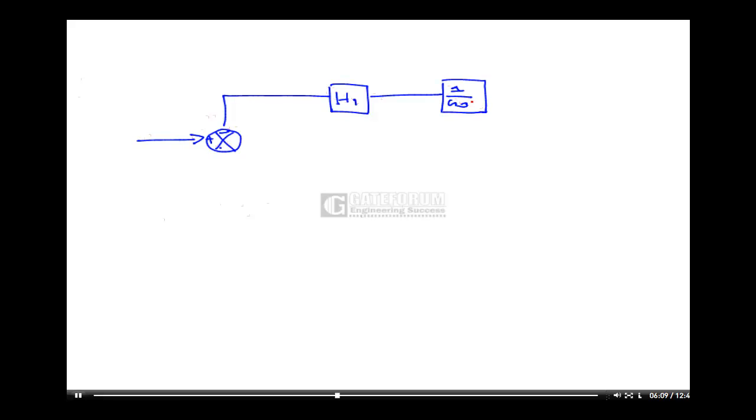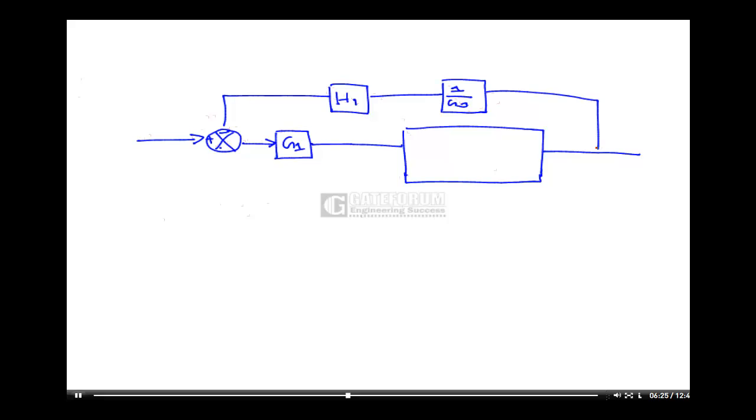So it can be simplified to 1 plus G2 G3 H2.